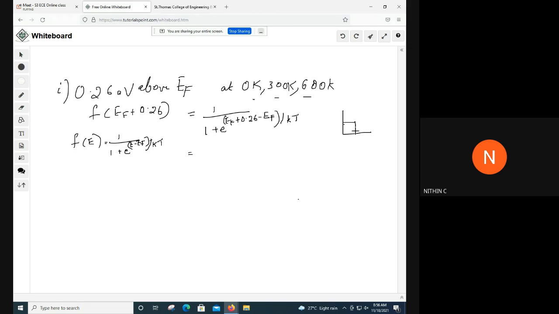At 0 Kelvin, the graph looks like this. So this was our EF. So probability, that is f of E at energy levels greater than EF, was 0. If it is below EF, the probability will be 1. This is applicable only in one case, that is when T is equal to 0 Kelvin. So that is the first question. At T equal to 0 Kelvin, we need to find this value.